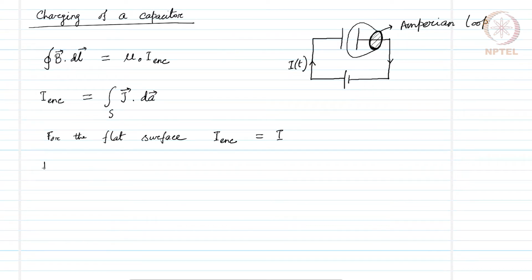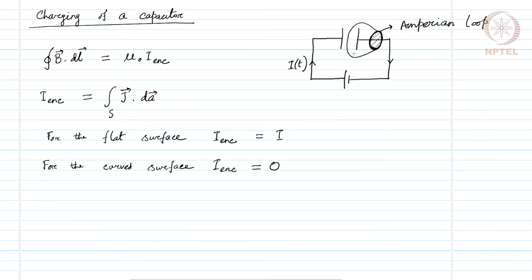But if we consider the curved surface, like the balloon, then it does not enclose any current whatsoever, because this curved surface is going through the capacitor, and inside the capacitor there is no current even when the capacitor is getting charged. So, the current is 0, and that brings in an inconsistency. What is the closed integral of B dot dl?